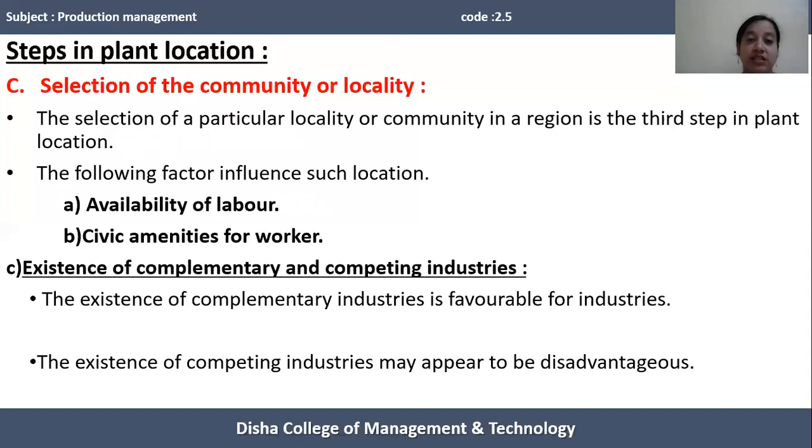The next factor the industrialist must consider is the existence of complementary and competing industry. The industrialist must identify an area where complementary industries are available. Complementary industry means what? Generally, a complementary industry produces complementary goods, and complementary goods cannot be sold alone. These goods can be sold with the main product.